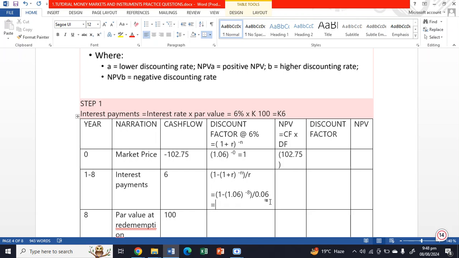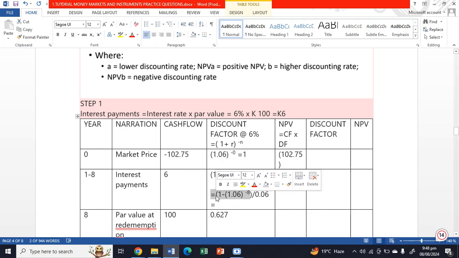So let's get our calculators. 1.06 to the power negative 8. That is 0.627. Let's write it here. So you're going to say 1 minus 0.627, you get 0.373.